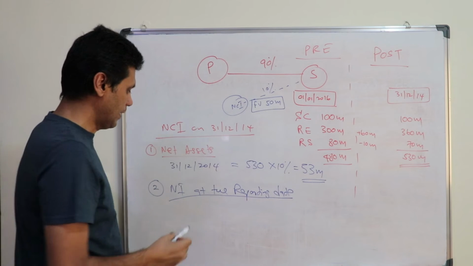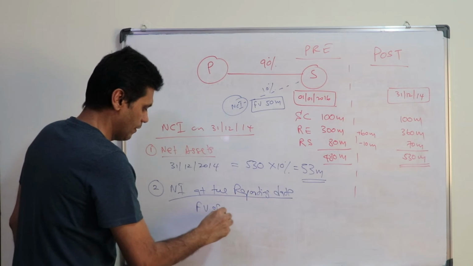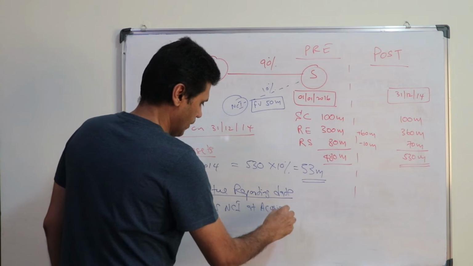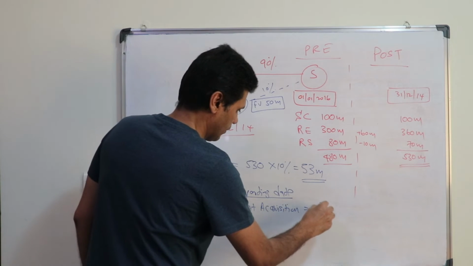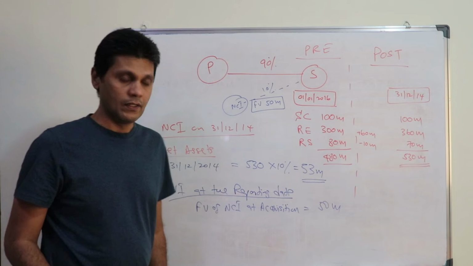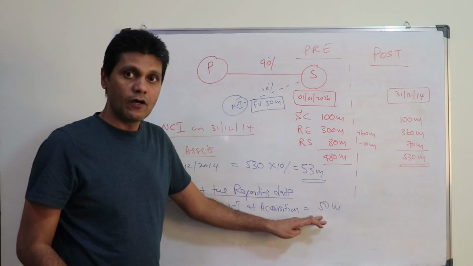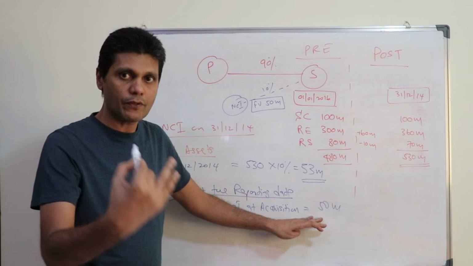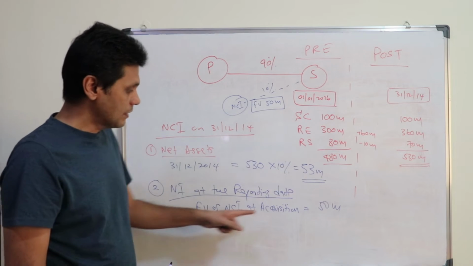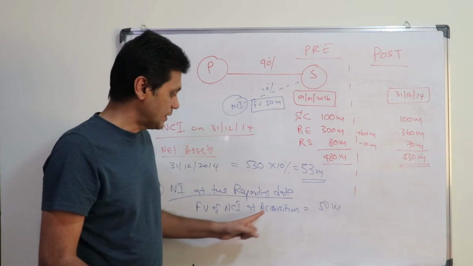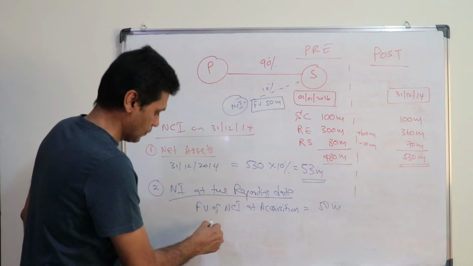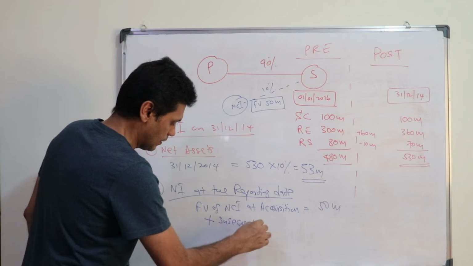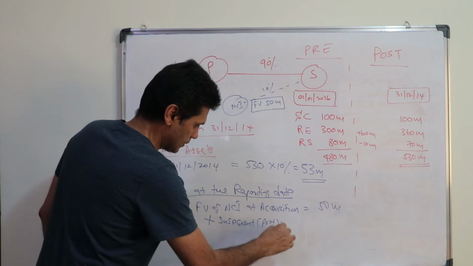Okay, so we need to take the fair value of NCI at acquisition. How much? 50 million. To this, we need to make an adjustment to the subsequent profits, which means the post profits.